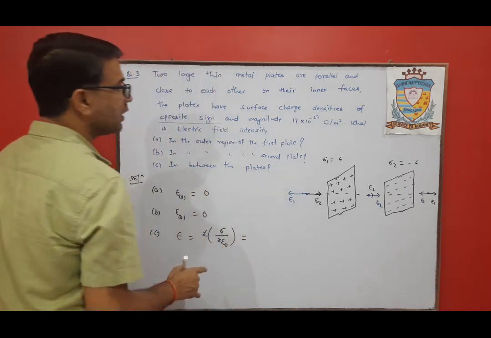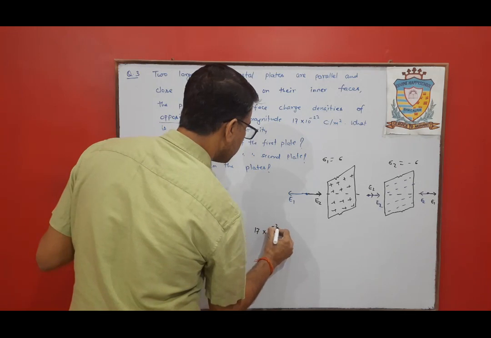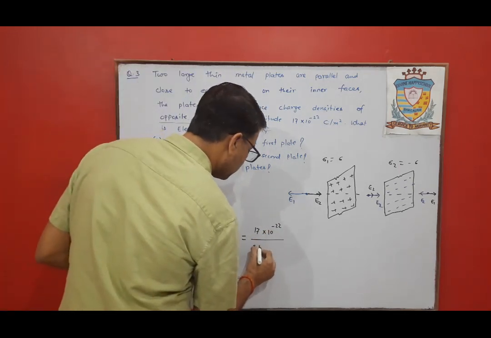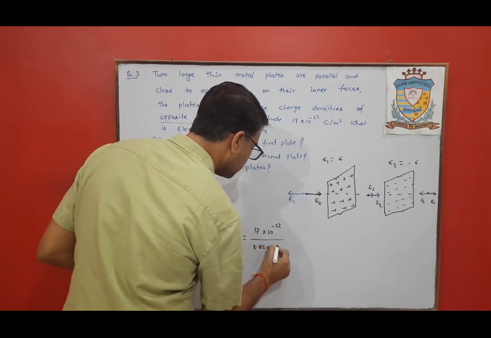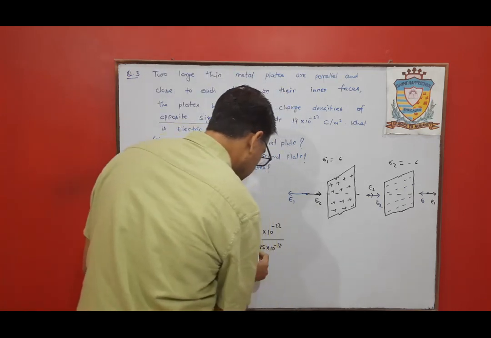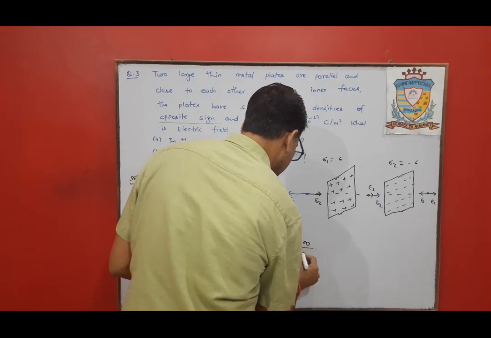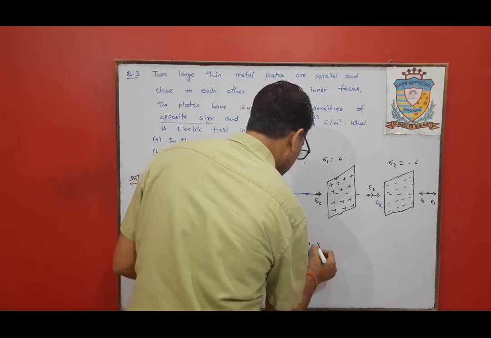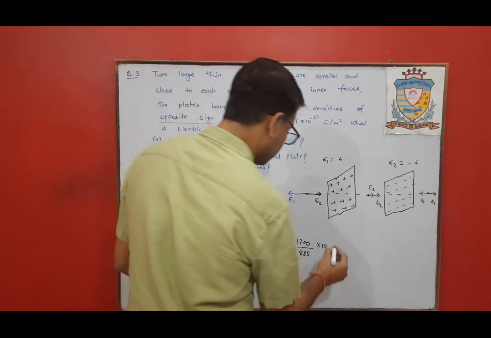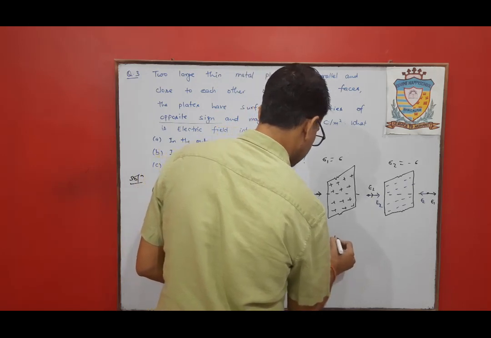So the magnitude of sigma is 17 into 10 to the power minus 22 upon epsilon naught. The value of epsilon naught is 8.85 into 10 to the power minus 12. So it becomes 1700 upon 885 into 10 to the power minus 22 plus 12, that is minus 10.